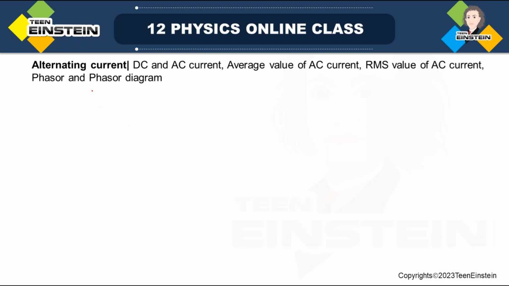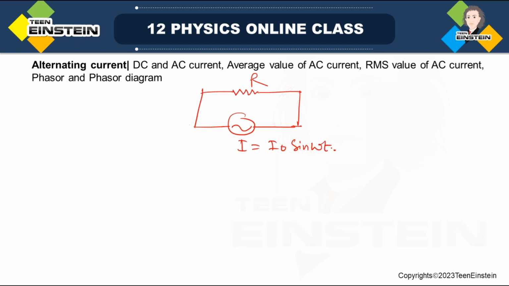Let us consider an alternating current. Let me take a representative circuit. So this is alternating current sent through a resistor R, I0 sin omega t.